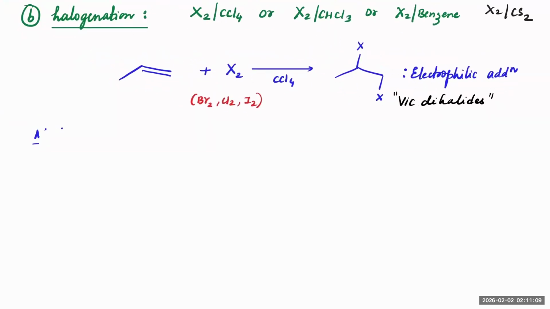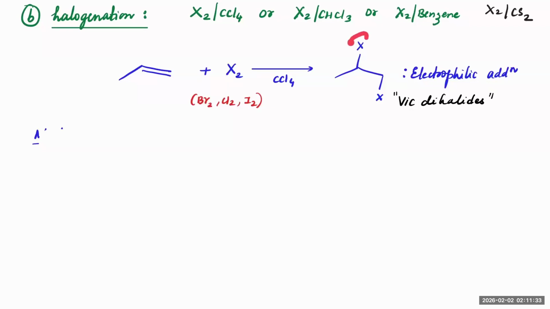Okay? Overall reaction is like this. When you have a pi bond, alkene, and you react with X2. X2 could be bromine, chlorine, or iodine in the presence of CCl4. So you will notice that X and X will get added on both sides. And this type of addition is called electrophilic addition because you are adding electrophile first.